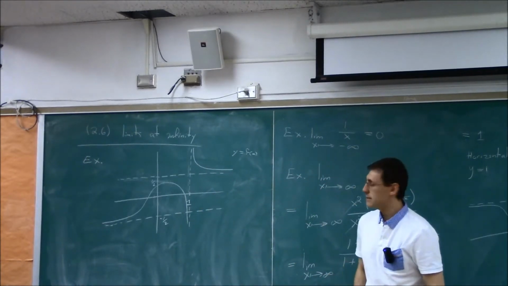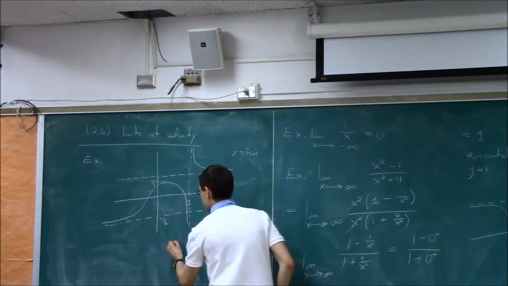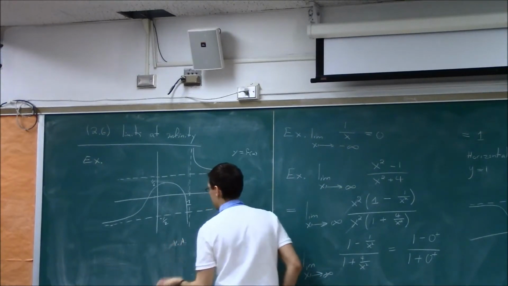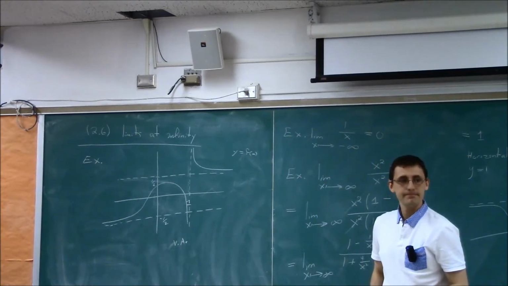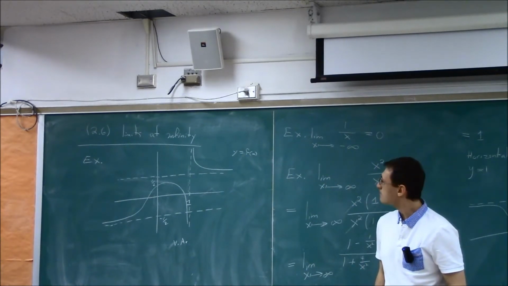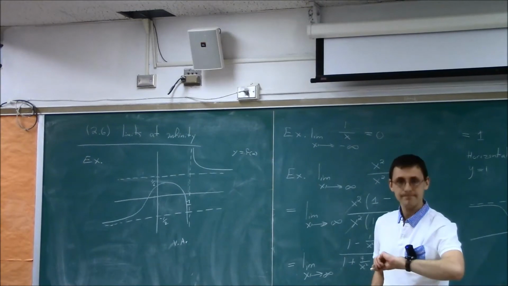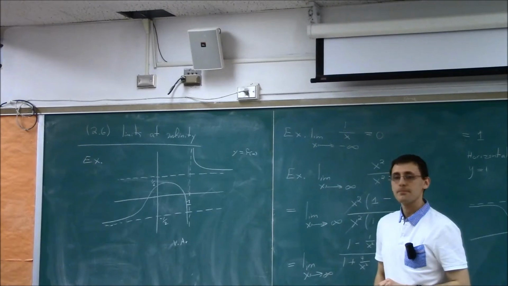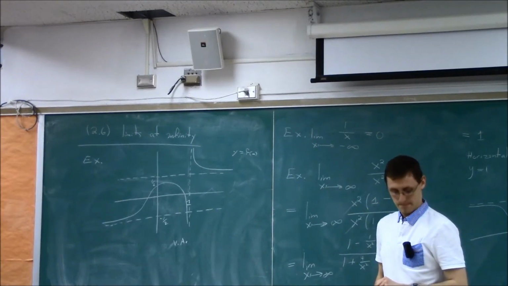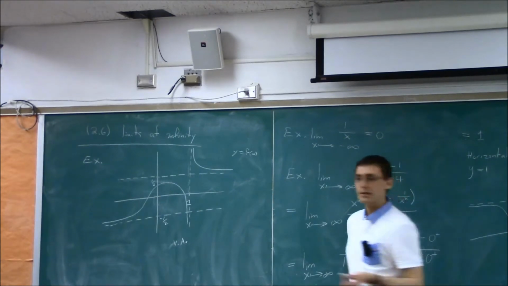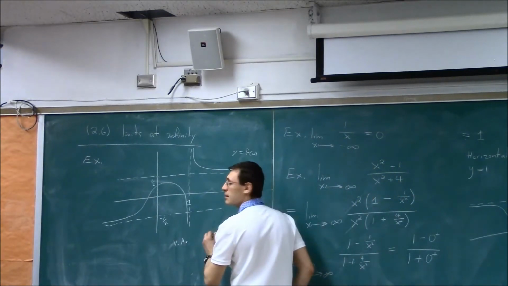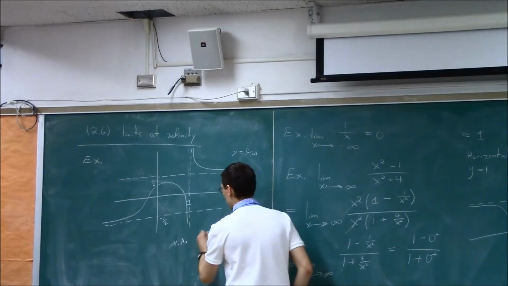What is the vertical asymptote? Ready? It is x equal to 1. Make sure that you understand why it's x equal to 1.